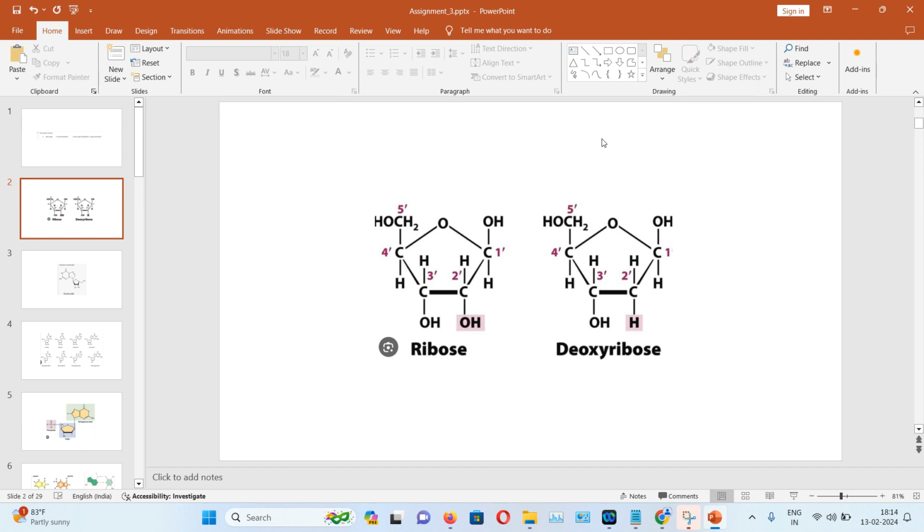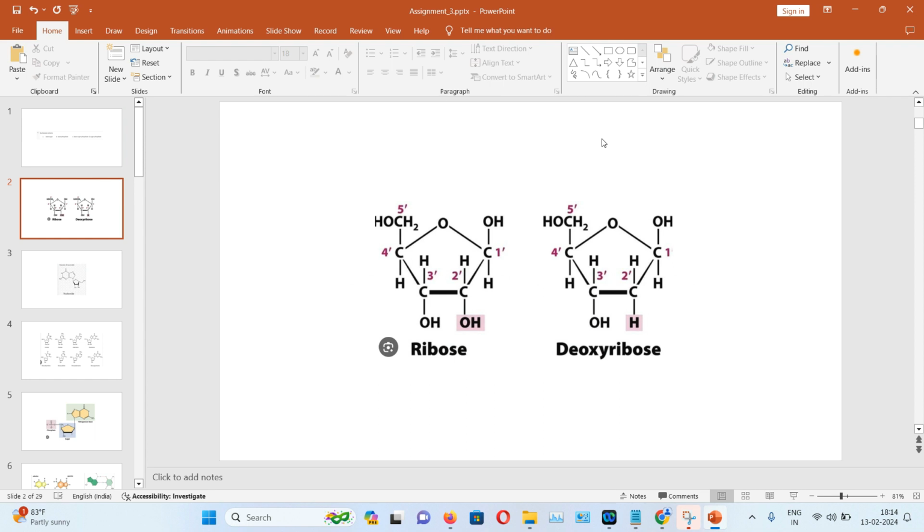The terms will come afterwards, so I am not reading the answer now, so that the essence of the question is not lost. You can see that there are two types of sugar: one is a ribose sugar and one is a deoxyribose sugar.